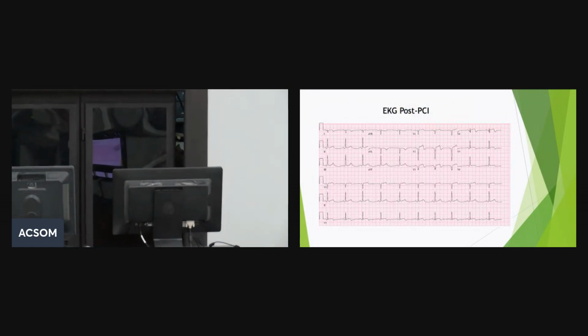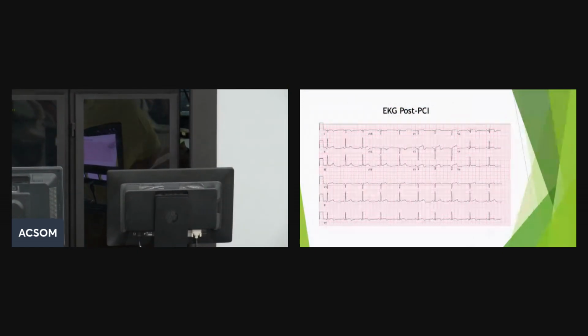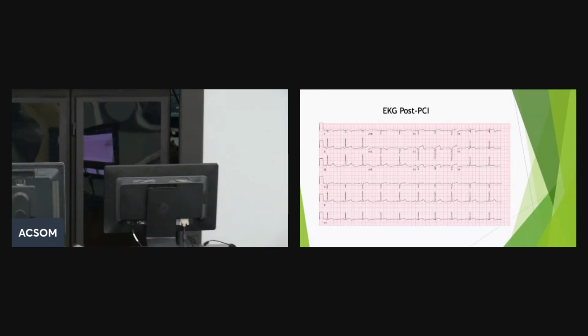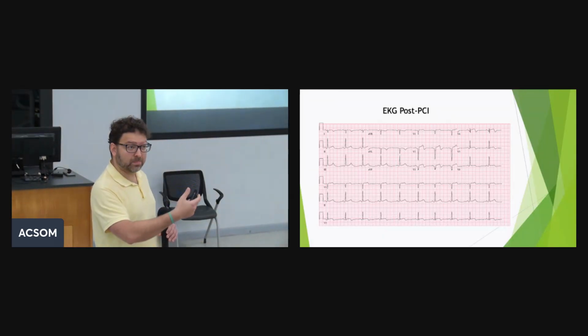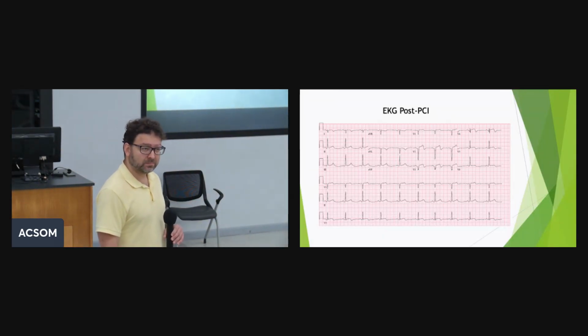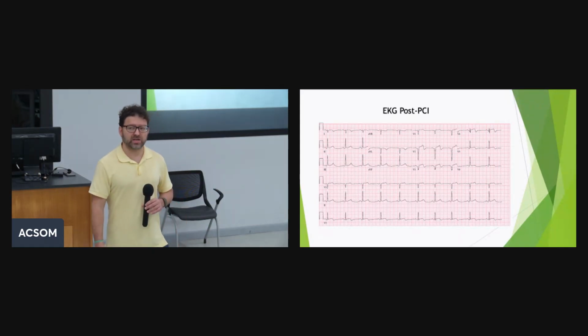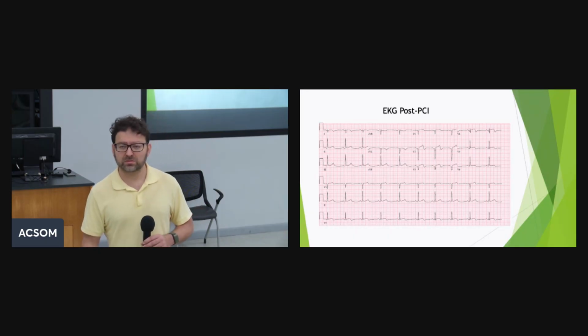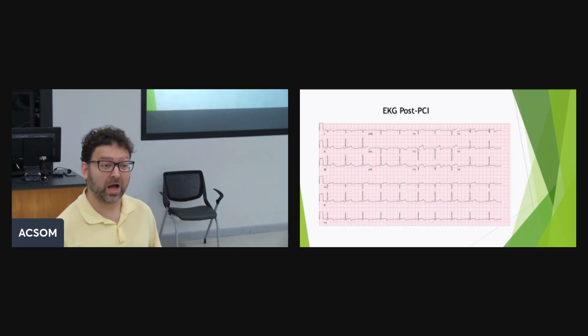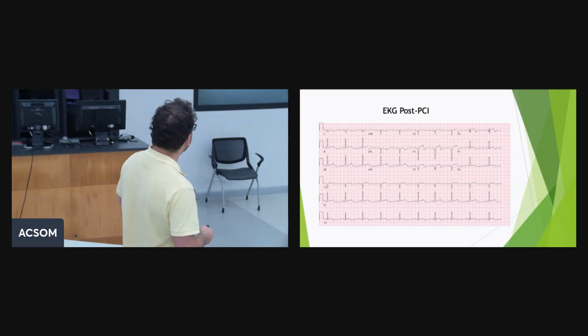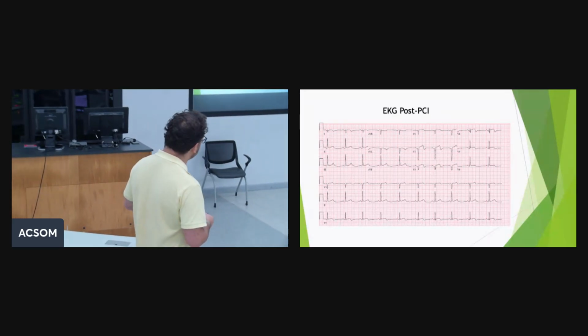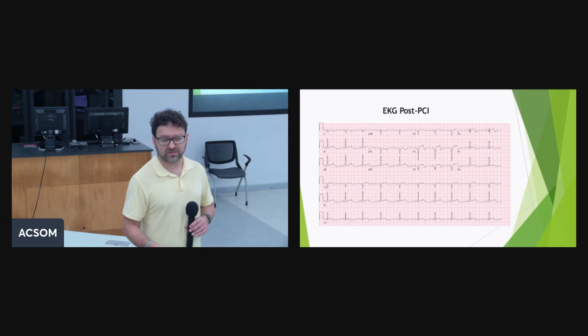Take a look at his ECG. We took him to the cath lab. We revascularized him. This is his ECG after revascularization. What has changed? Yeah, so now you see ST elevations in V2 and V3. What else do you see?